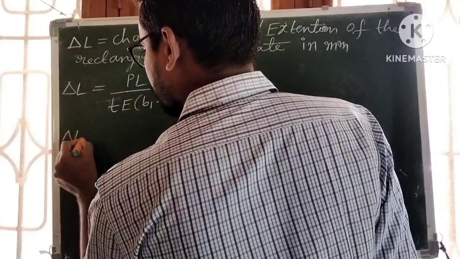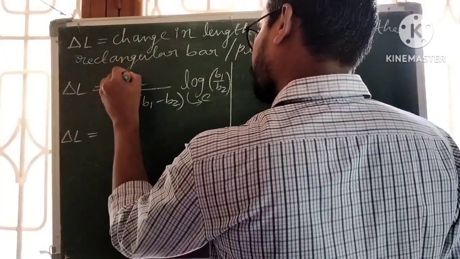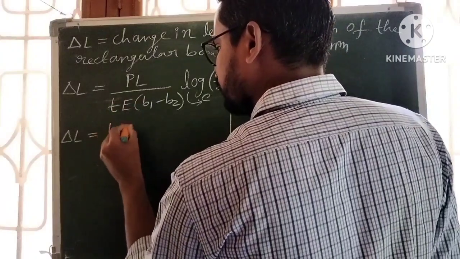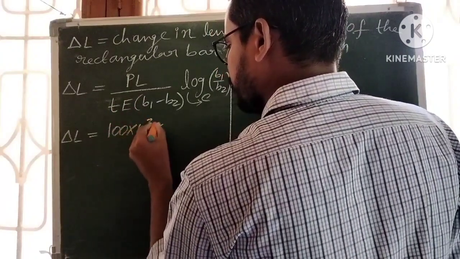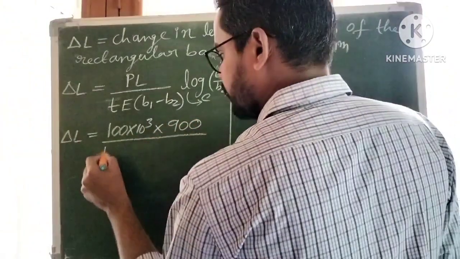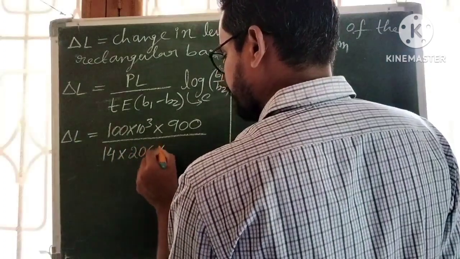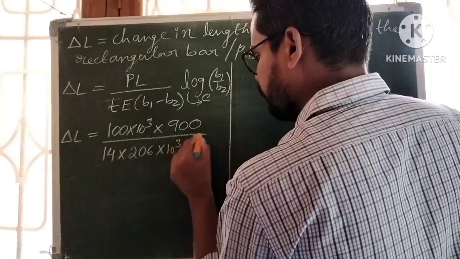Delta L is equal to, let us replace all the values. Here P means load, axial pull. How much? 100 into 10 cube into length 900 mm by thickness 14 and Young's modulus given, 206 into 10 cube into B1 minus B2.